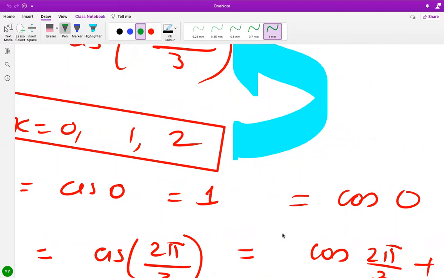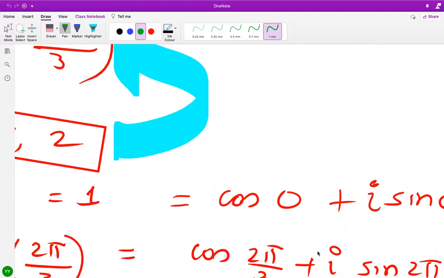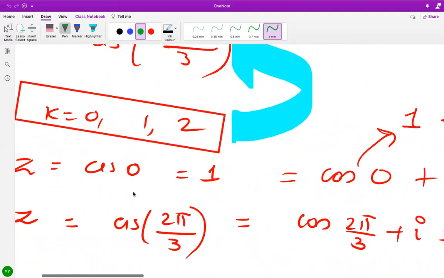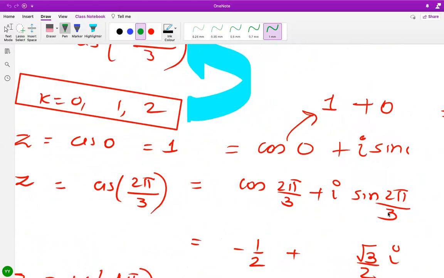Now cos 0 is 1 here, and sine 0 is 0. So this is going to be 1. Now, when you talk about the other complex numbers, you take k as 1, I get cis 2 pi over 3, which is cos 2 pi by 3 plus i sine 2 pi by 3. So this is your second complex number, second root of the cube root of 1.